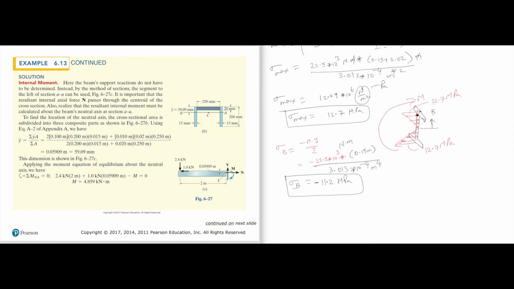So let me select this cross-section area.